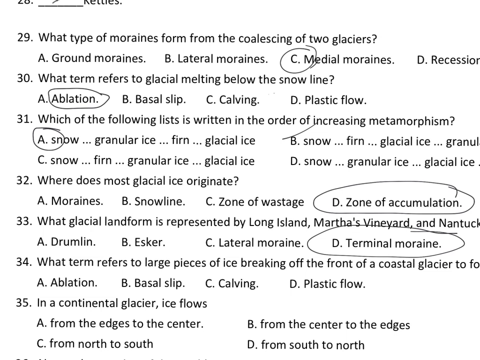So the second coming made the North Fork the Harbor Hills Moraine, and the South Fork was already there from the first advance, the Ronkonkoma Moraine. What term refers to the large piece of ice breaking off the front and the coastal, right? I can just stop there. I know that that is defining calving.